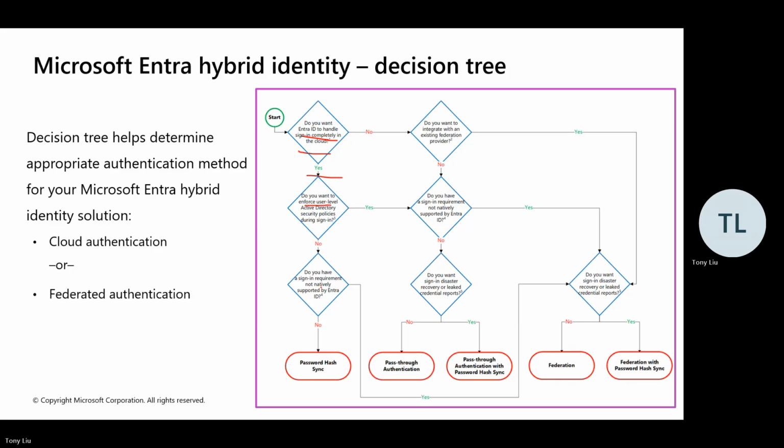No. Then you use password hash. Do you want Entra ID to handle it? Yes. Do you want to enforce user-level AD? Yes. So you answer certain questions to help you decide whether to use password hash sync, pass-through authentication, or federation.